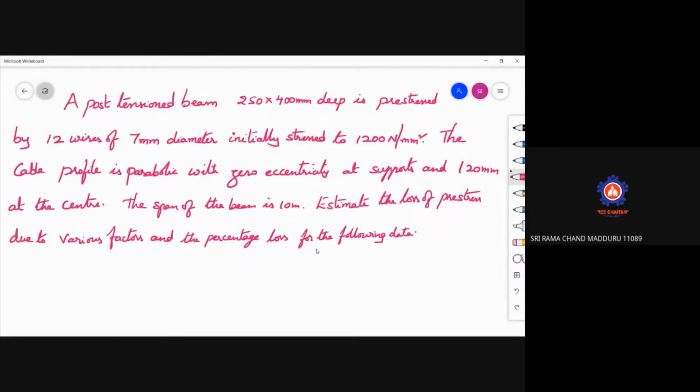The percentage loss for the following data. Grade of concrete M40. Es is 210 kilonewton per mm square. Shrinkage strain is 3 into 10 power minus 4.